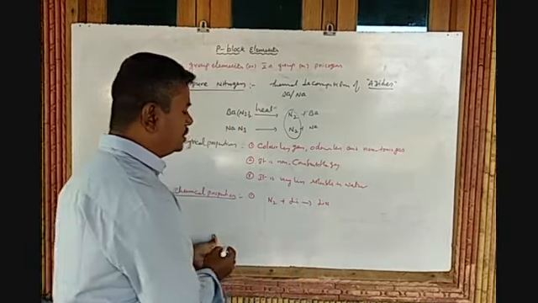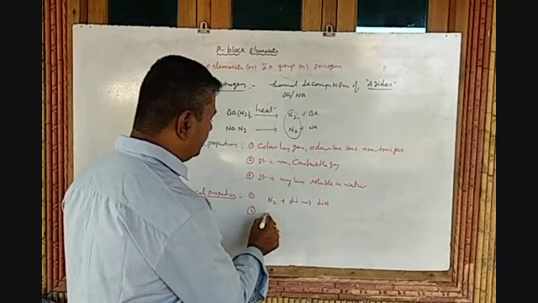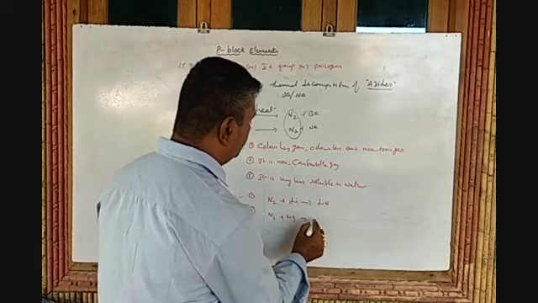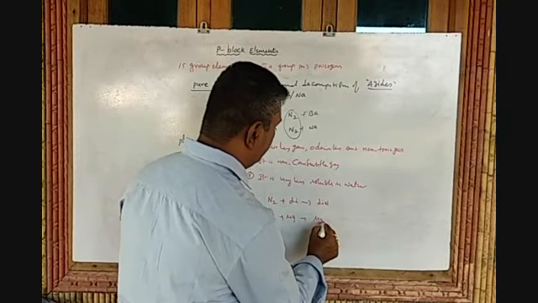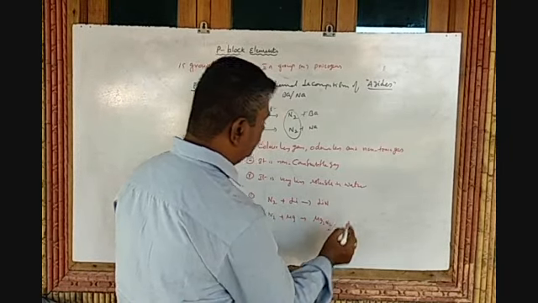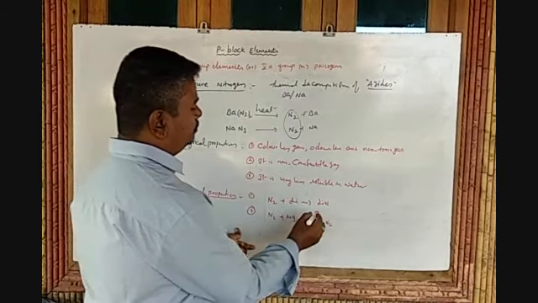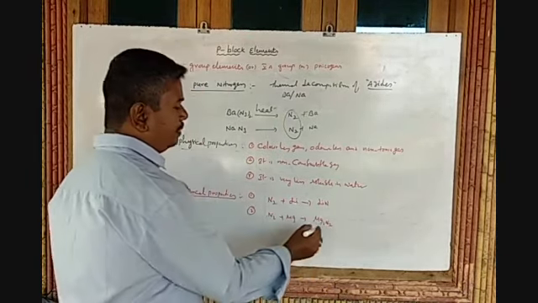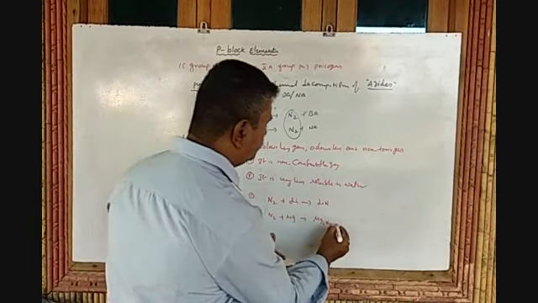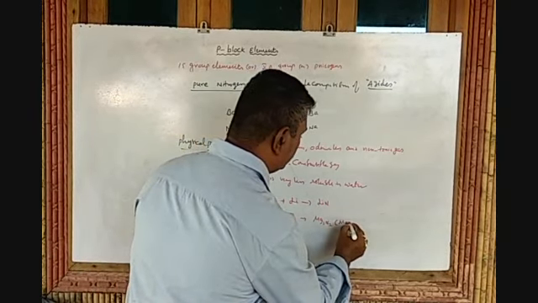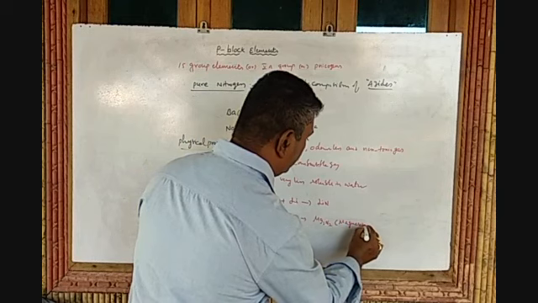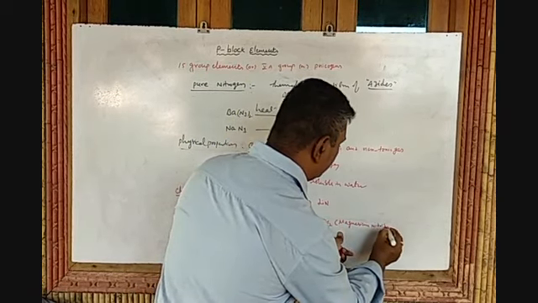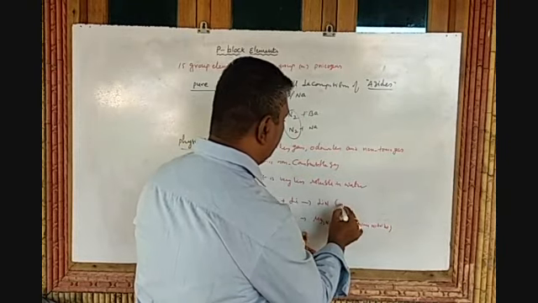And second one, when it reacts with magnesium to form magnesium nitride, Mg3N2. This one is magnesium nitride. This one is lithium nitride.